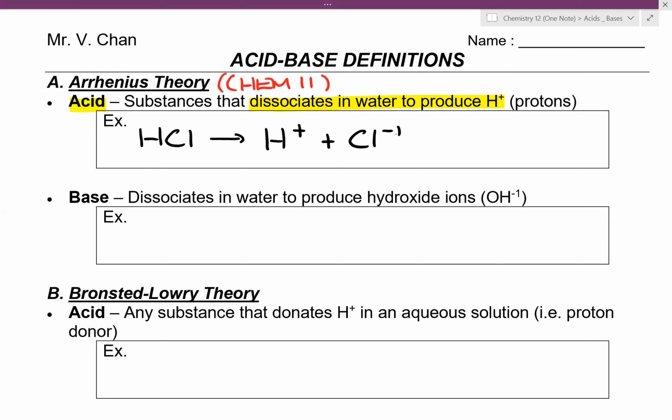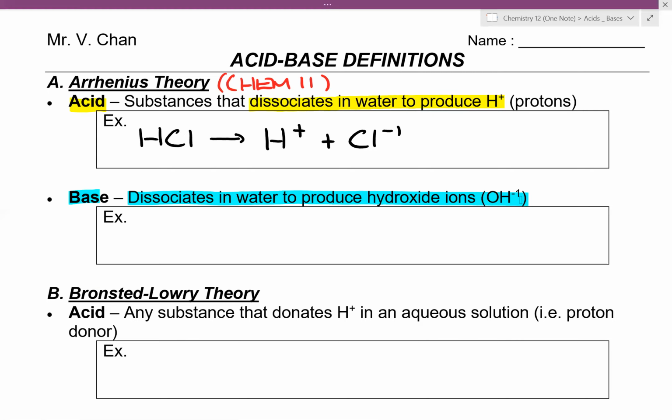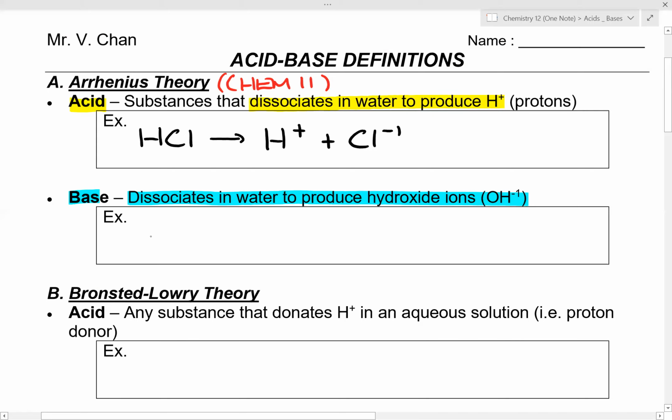A base is a substance that dissociates in water to produce hydroxide ion. The key word in those two is that it dissociates. All it does is break apart. So for a base, it would be like NaOH breaking apart to Na plus and OH minus 1.